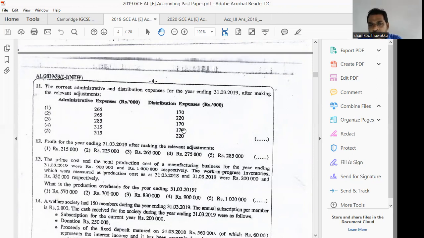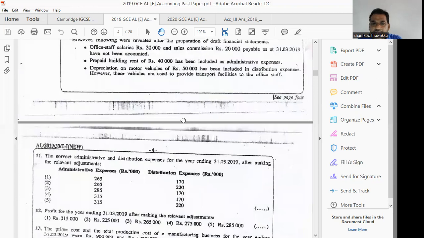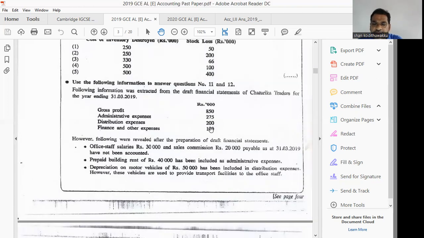Then total expenses will be 585. That is the addition of administrative expenses 315, distribution expenses 170, and finance and other expenses 100. Then you deduct the total of those three expenses, 585, from gross profit 850. 585 to 600 will be 15, then 600 to 850 is 250. 250 plus 15 is 265. Our correct answer is 265.